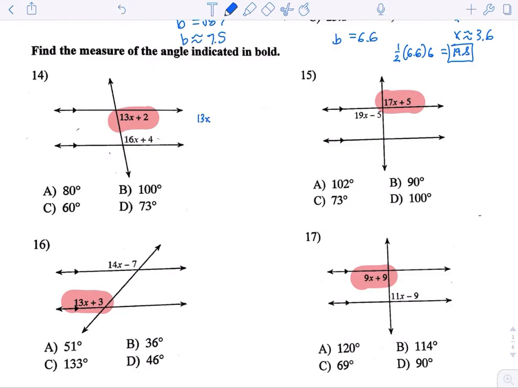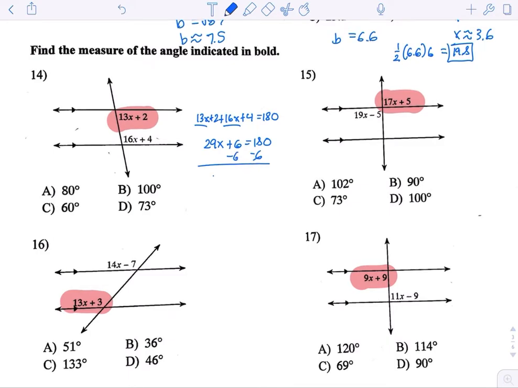So 13x plus 2 plus 16x plus 4 is equal to 180 degrees. Collect like terms, so 13x plus 16x is 29x, 2 plus 4 is 6, all of that is equal to 180. Minus 6 from both sides, 29x is equal to 174. Now, hopefully I highlighted the one that is correct, so 174 divided by 29 is equal to 6.